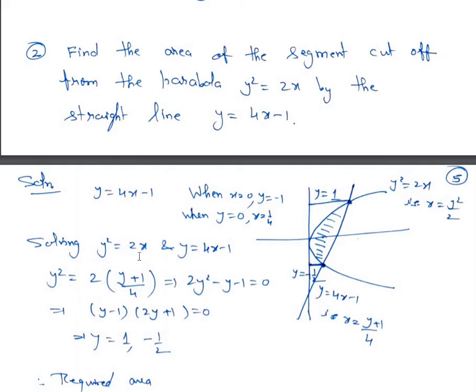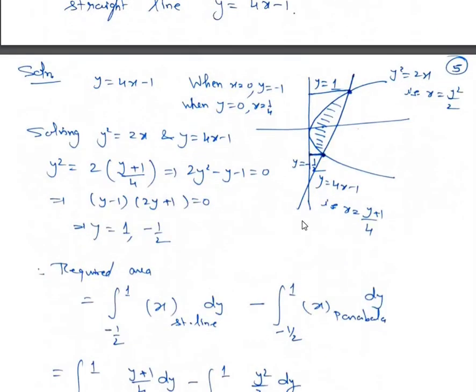Y square is equal to 2 times (y plus 1) upon 4. So cross multiply, 2y square minus y minus 1 is 0. Factorize it. (Y minus 1)(2y plus 1) is equal to 0. So therefore y is equal to 1 and y is equal to minus half. So parabola and straight line intersect at those points where y is equal to minus half and y is equal to plus 1.